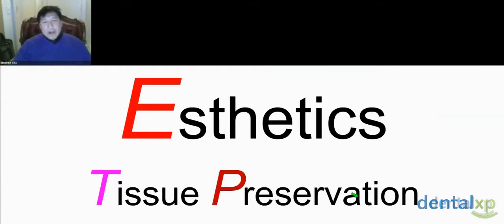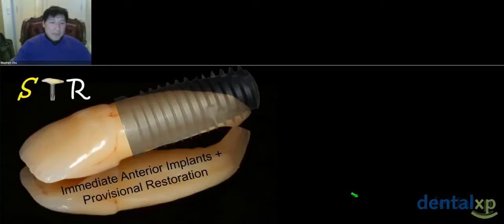What really revolves around immediate anterior implants is two words that describe the concept: tissue preservation. Several implant companies have started to delve into different themes associated with tissue preservation or tissue care as the priority. So this is a very interesting and new topic that we're focusing a lot of information on.